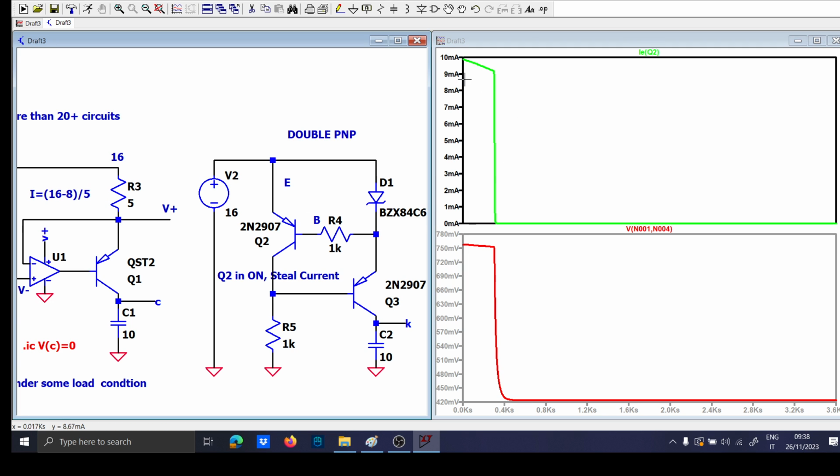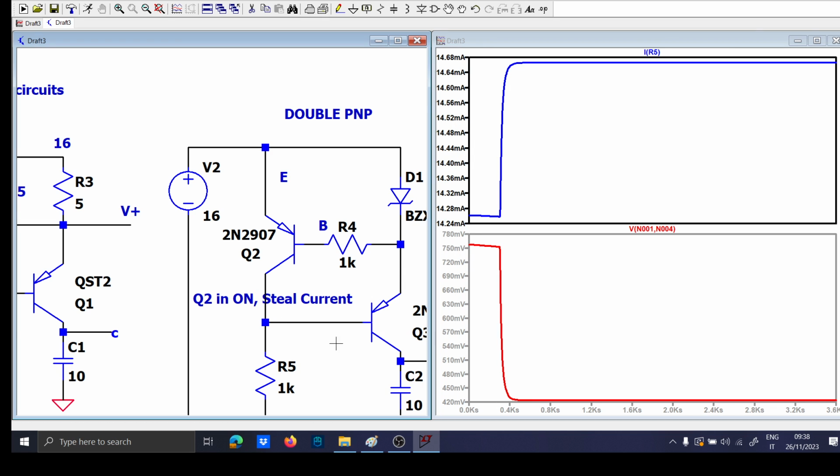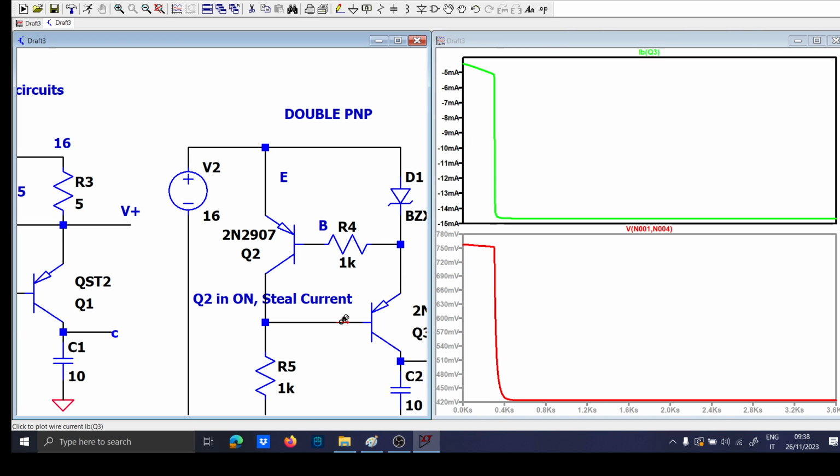And since the current limitation is active, this transistor is stealing 10 milliamps from this. It is stealing current from the base. As you can see, you have minus 50 milliamps, but to the other side. And this means that the current is actually flowing in this way.